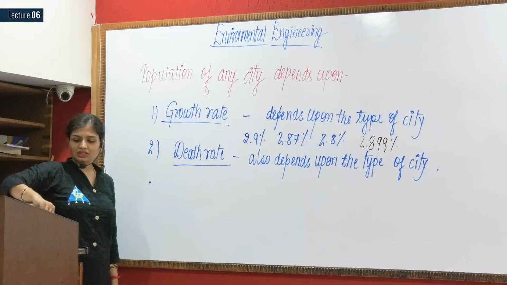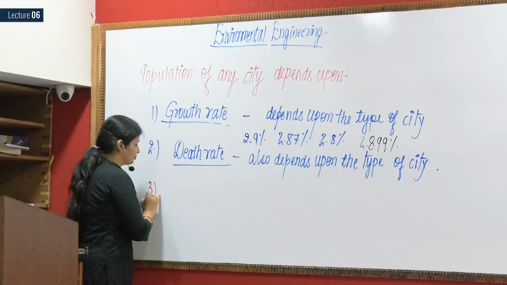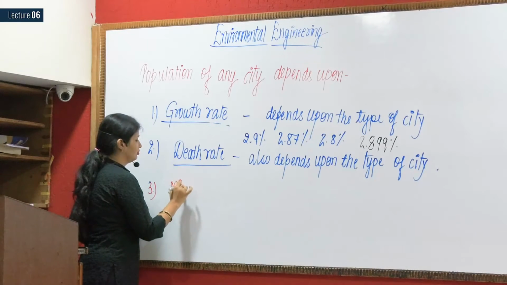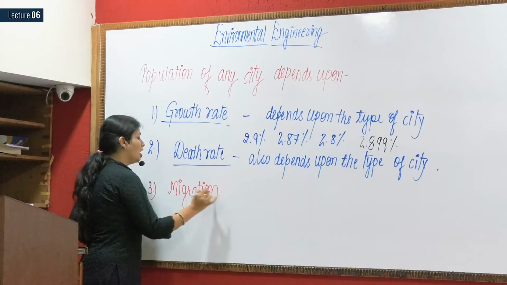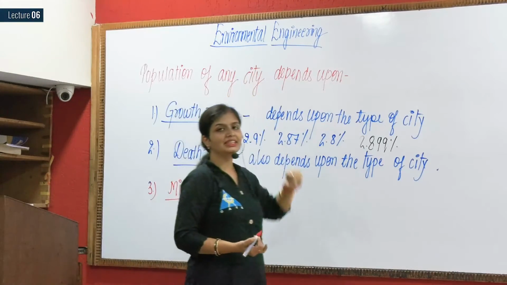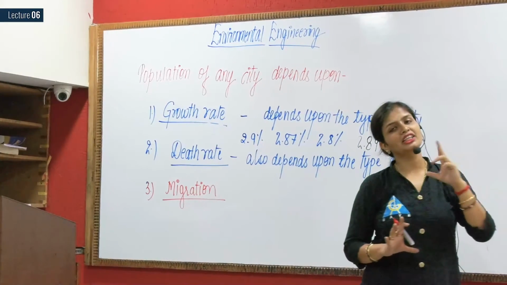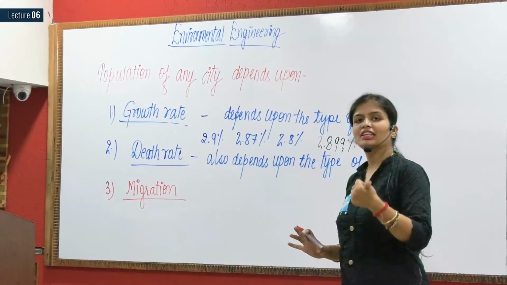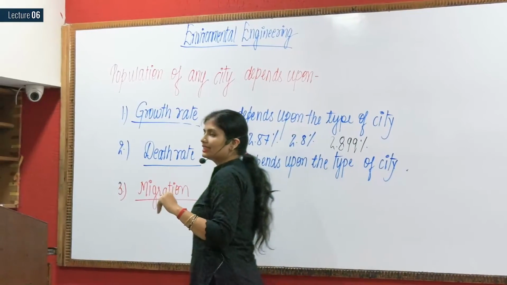Now, the third thing which we need to discuss is migration. How this migration affects the population of any city, I'll explain to you, but let me make it clear. Migration is of two types. One is positive migration, one is negative migration. How? I'll give you an example.